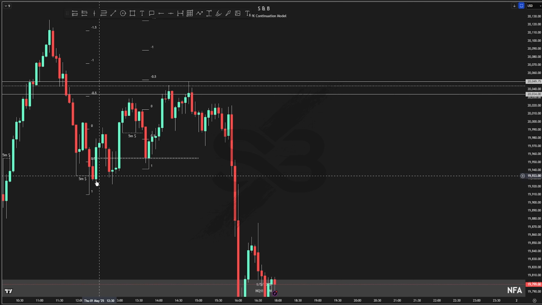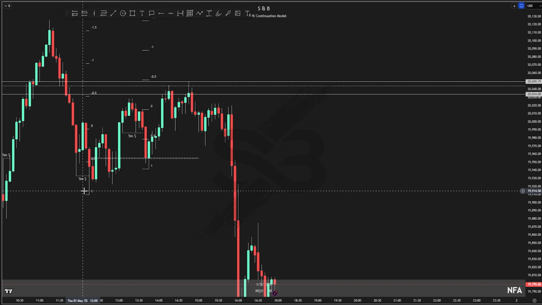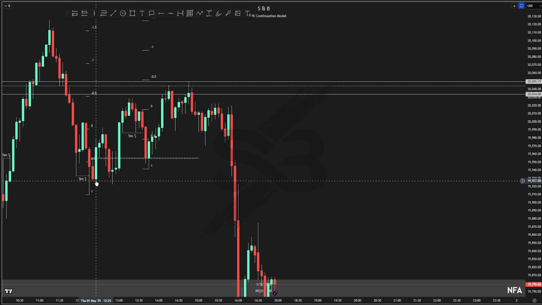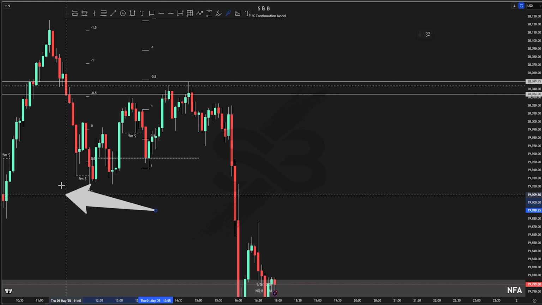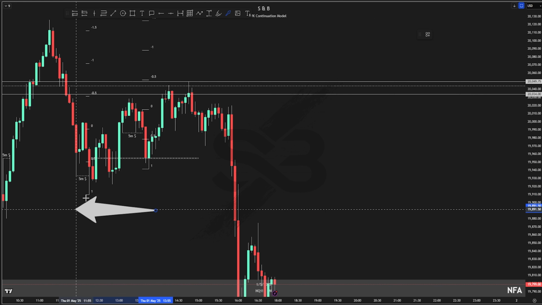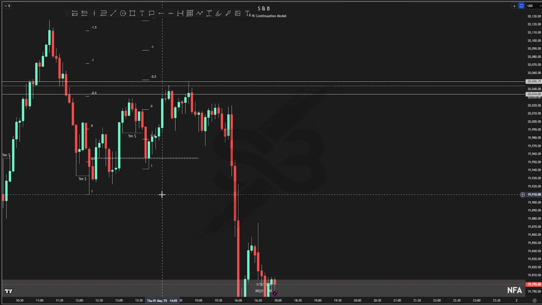But then it has a really tiny BC, and this low of the BC is not shared by the actual low of the breaker, meaning it can sweep this no problem, and it can still stay intact on the breaker. That's always, well, not always, but most of the time it's going to get swept. Essentially, it's going to be a failing BC, which also means that this low is likely going to be a weaker low. So it's going to be liquidity for later on because it's a lower probability trade.